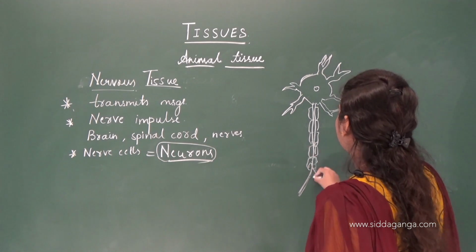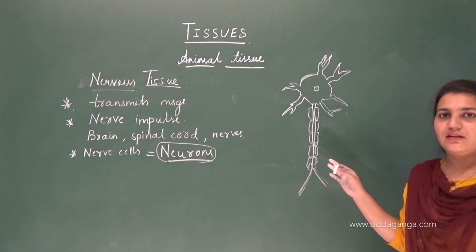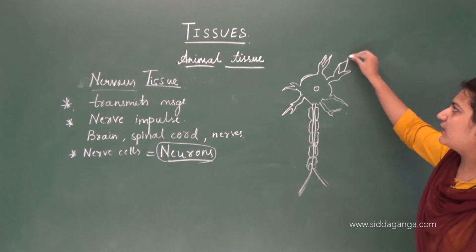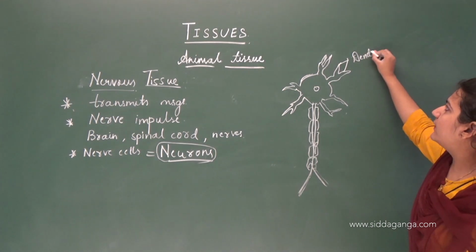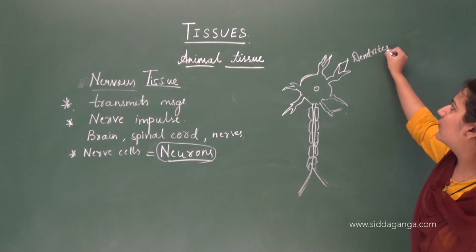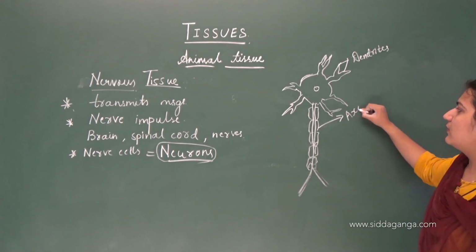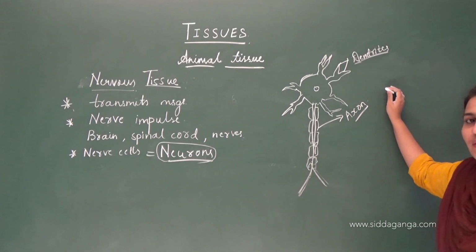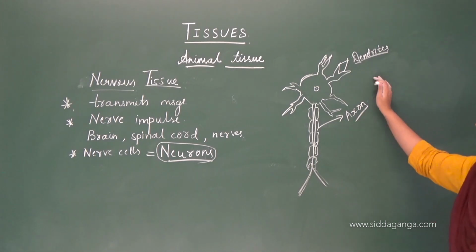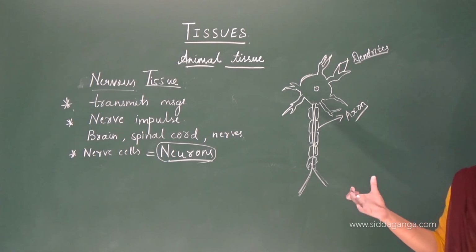This is the structure of a single nerve cell. These network-like connections are what we call dendrites, and this long branched part is called the axon. The nerve cells are basically made up of axons and dendrites. These are the structures which help in the transmission of messages.